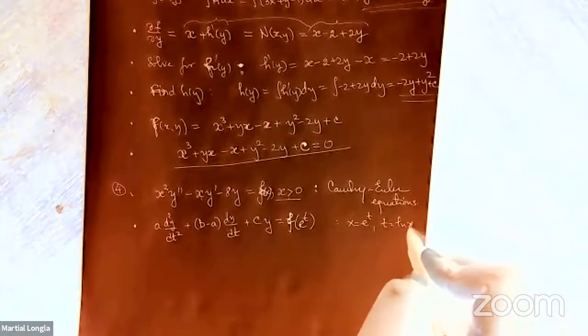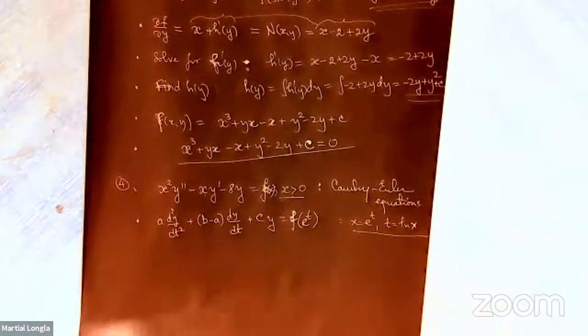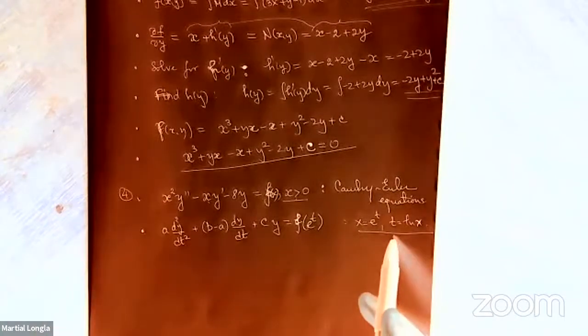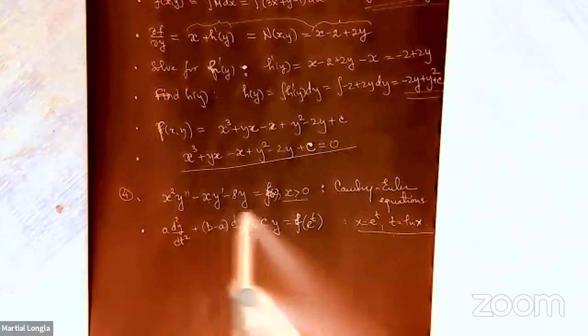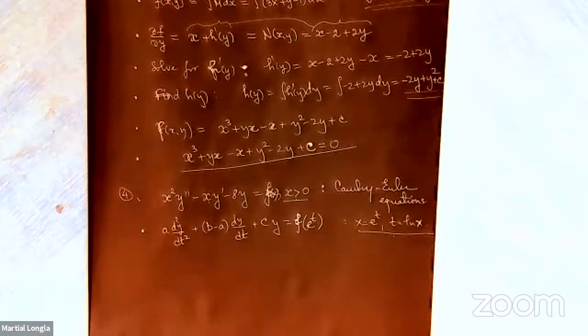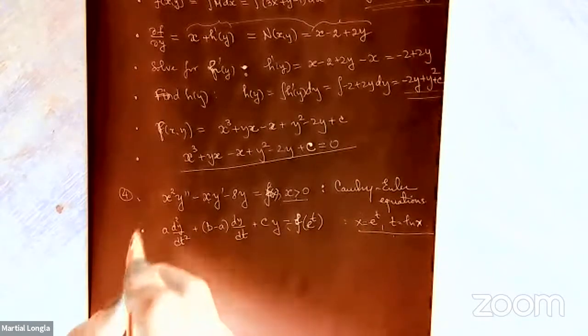That's the same statement. You do this change of variable, it brings this equation to that equation. And now to solve this equation, you got to write down the equation equal to 0.